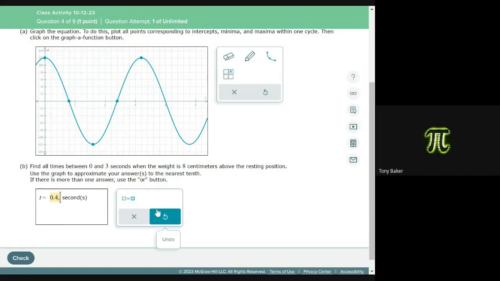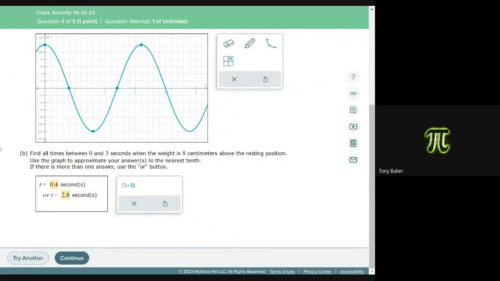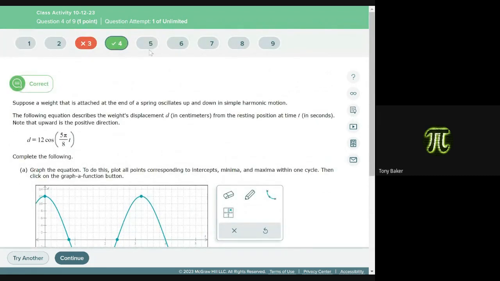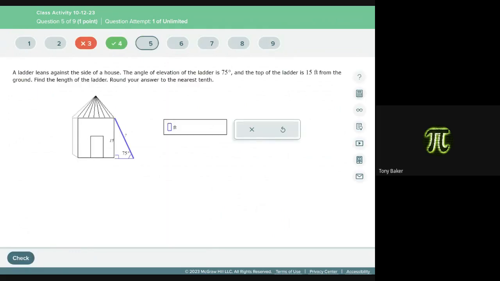Oh, I have to use the OR button. So using Desmos, you can easily get those values out. And that's actually how it wants you to do it. It wanted you to actually use the graph to determine it anyway. You're not cheating or anything else there.